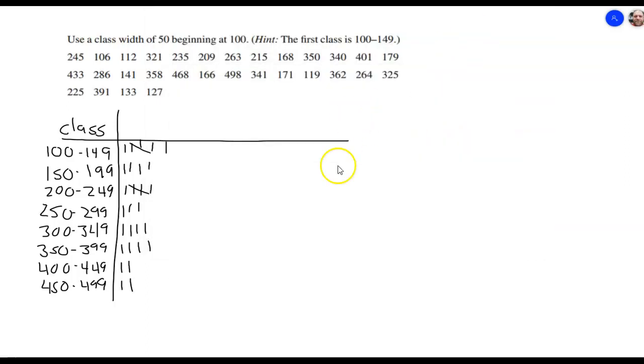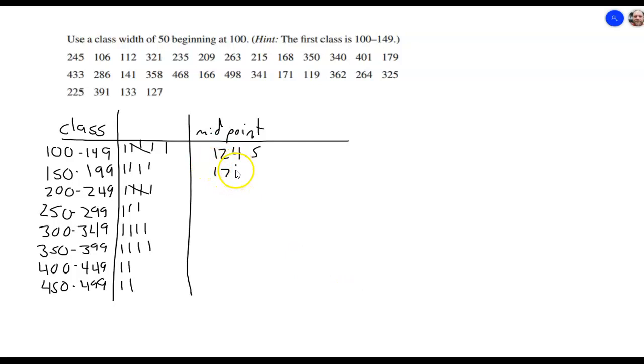So the midpoint of this class here, I'm going to write midpoint, is 124.5.